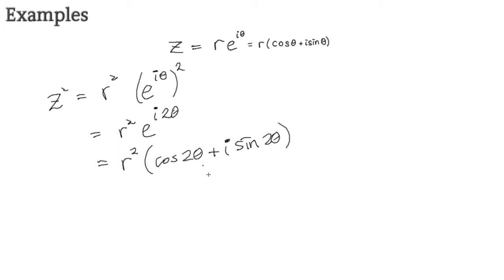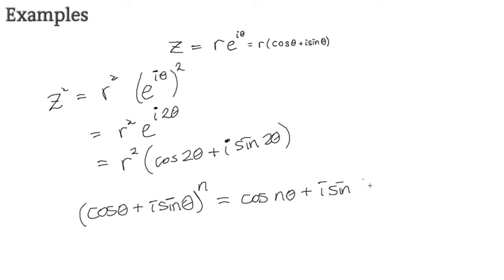This is really helpful, because now we can state DeMoivre's theorem as: cosine of theta plus i sine of theta, all to the power of n, is equal to cosine of n theta plus i sine of n theta. This whole thing is called DeMoivre's theorem.